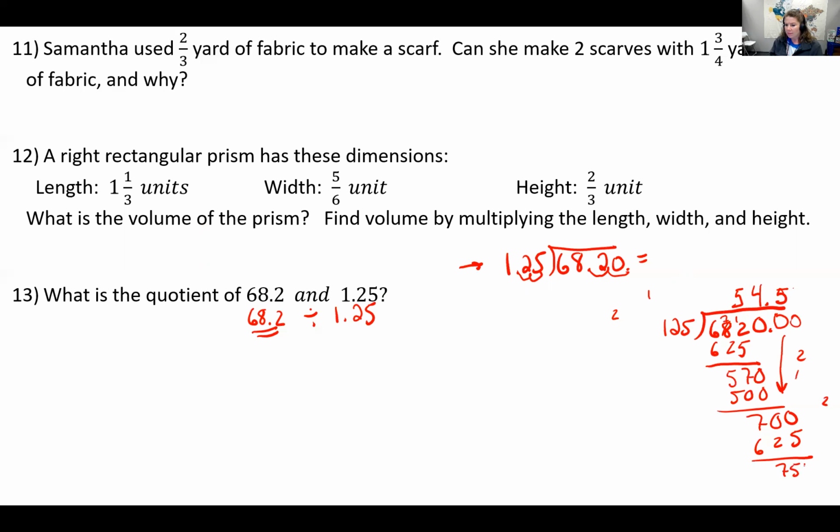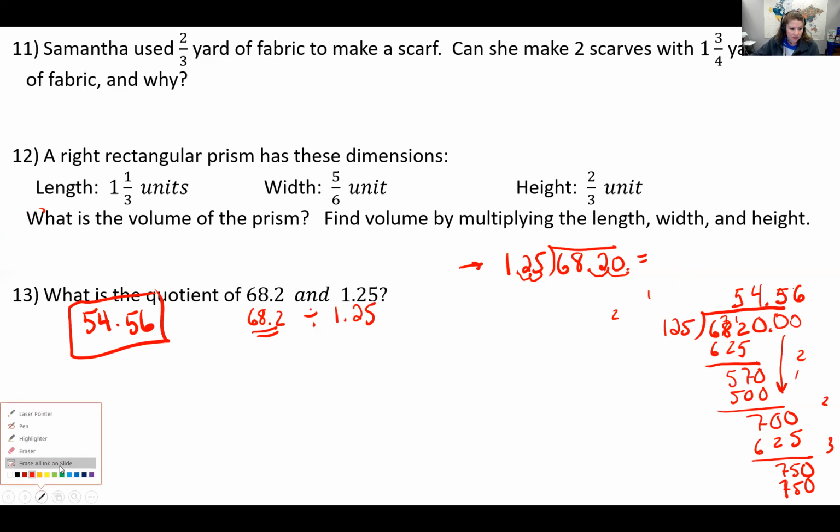And then I believe the next number will be a 6. Yep, 6 times 5 is 30, carry the 3. 12, 13, 14, 15, yep, and that would be a 7. So the answer for number 13 is 54.56. 54.56, right? All right, I think we got 2 more, you guys.